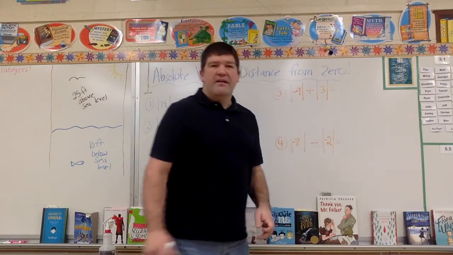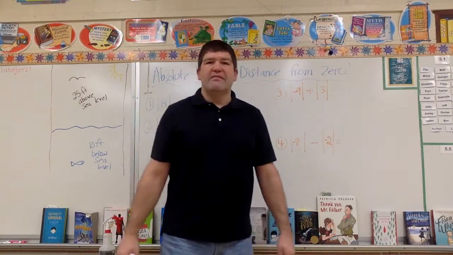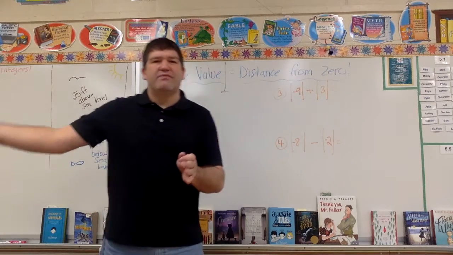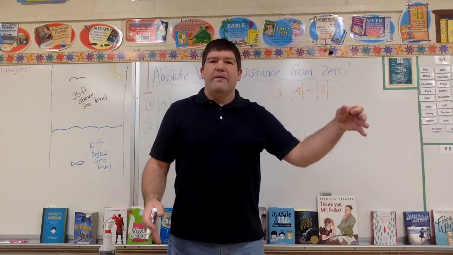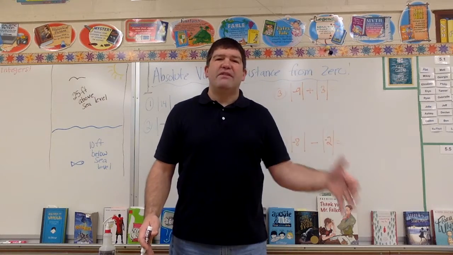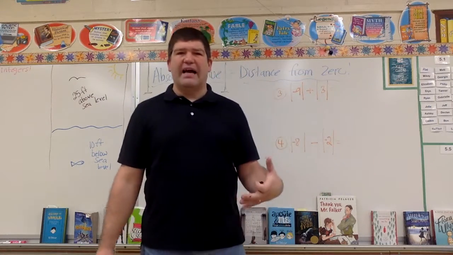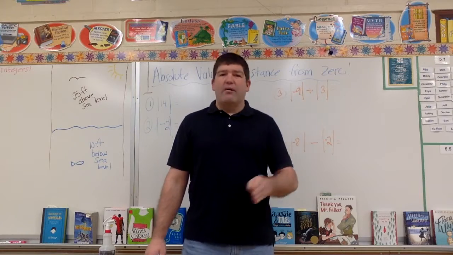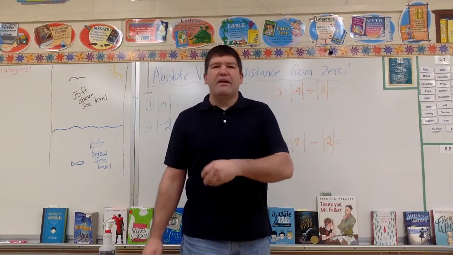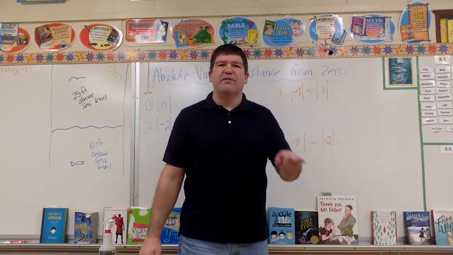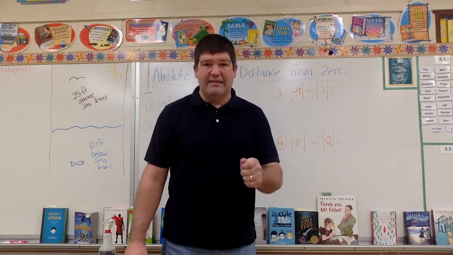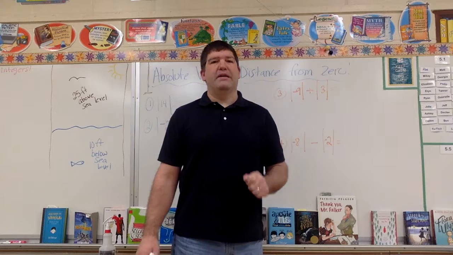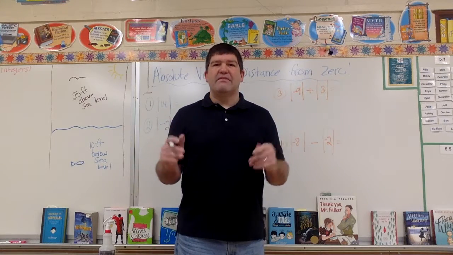So last lesson we did a graphing thing. Once you can graph it, you can see the distance from 0 to whatever number you're dealing with. Maybe it's a positive number. Maybe it's a negative number. What's the distance between the number and 0? Now, it doesn't matter if I'm going from 0 to negative 2 or from 0 to 2. You can never go a negative distance. It's kind of like going back in time. I can't go back in time. I'll never have a negative absolute value. Absolute value is always positive, because you're going a distance from 0.